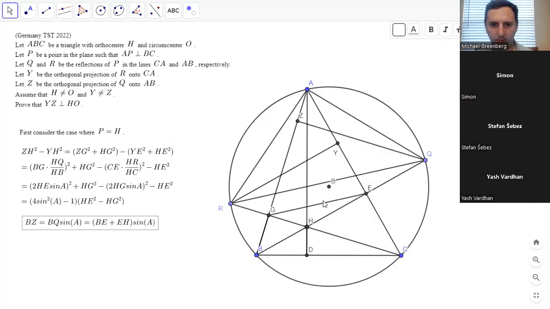Wait, that doesn't make sense. So sine A is BE over AB. So BE sine A would be AB. That doesn't make sense.